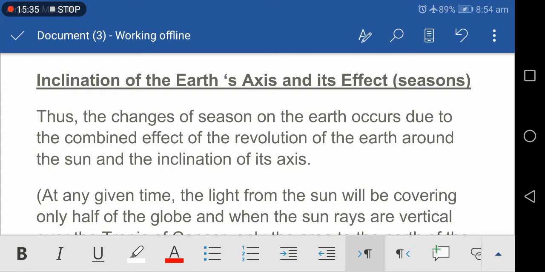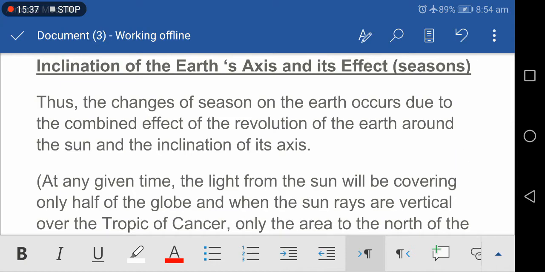As a result, in the Earth's orbit around the Sun, the parallel of latitude at which the sun rays are vertical keeps changing from time to time. As a result, the amount of energy received at a particular place on the Earth varies from time to time. This causes change of season.